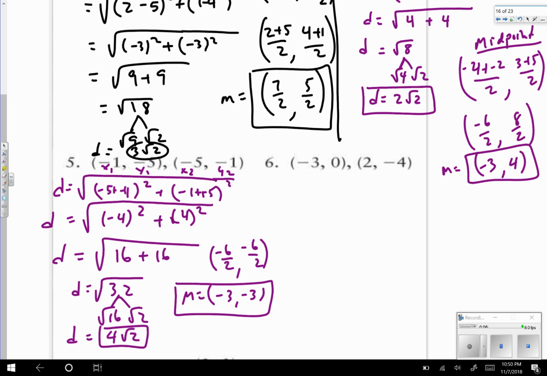Let's do this in blue. So same thing. So distance is equal to the square root of -3 minus 2 squared plus, we're subtracting -4 minus 0.